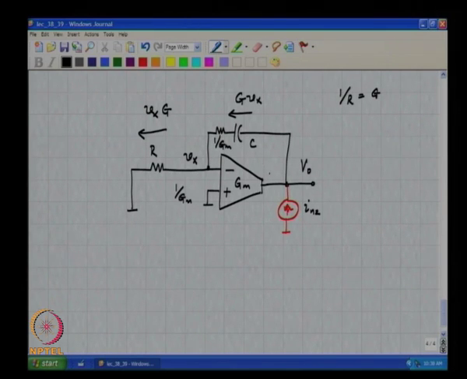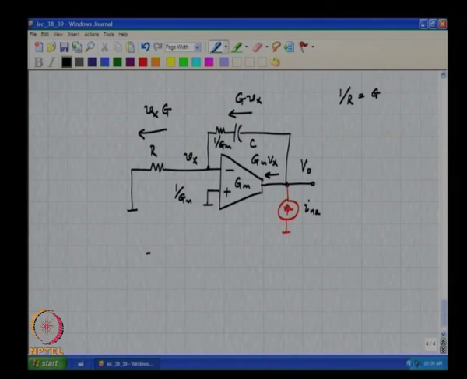This current will also be Gm times Vx, okay.